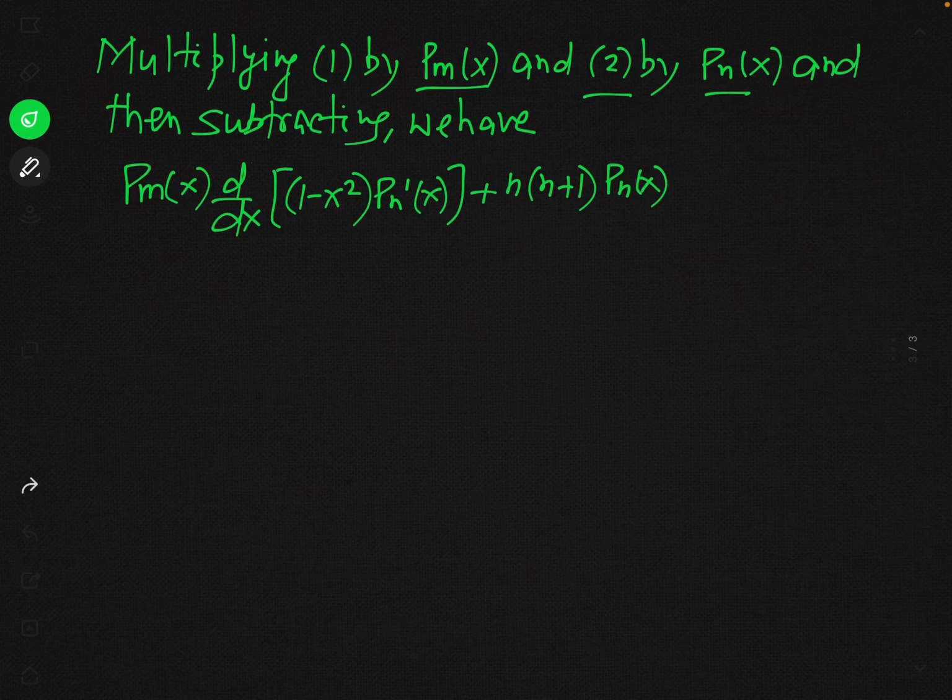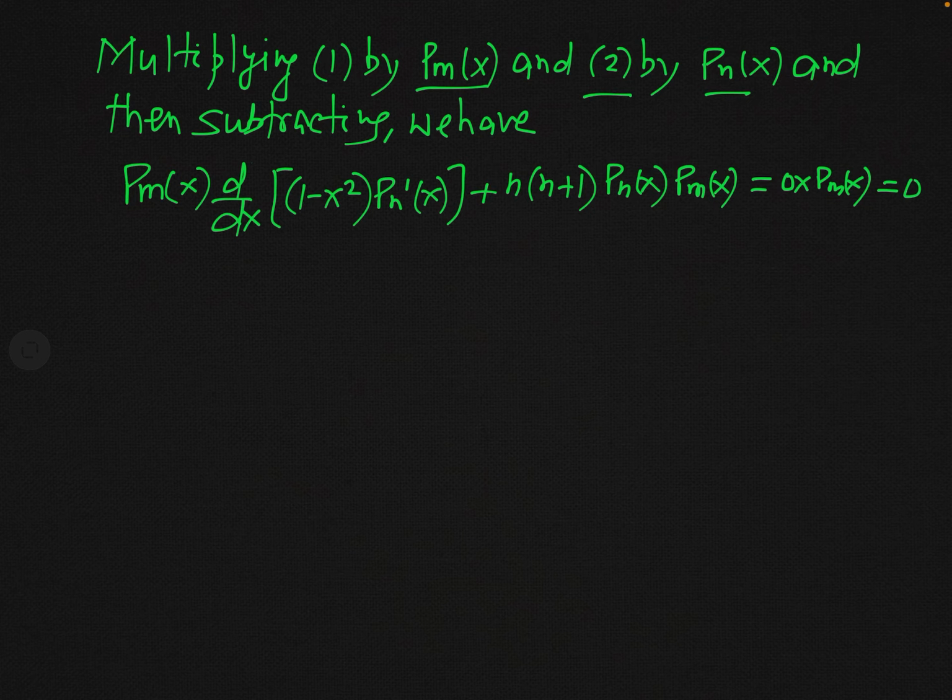This was the original term, and we have to multiply it by Pm of x. So we will write here Pm of x. And as in the RHS there is 0, when you multiply this 0 by Pm of x, the result will be simply 0. So this will be simply equal to 0.